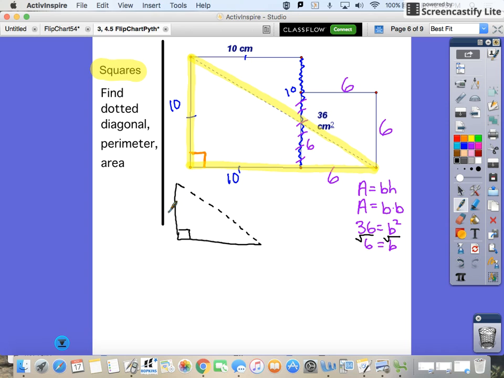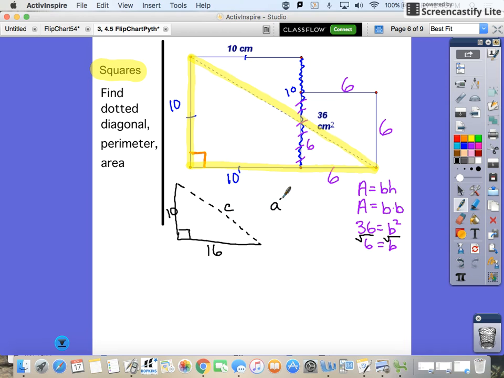We know that the height of this triangle is 10, but we know the base is 2 boxes long. It's 10 and 6. 10 and 6. So this is 16. Now the problem is we don't know C, but we can certainly find it.